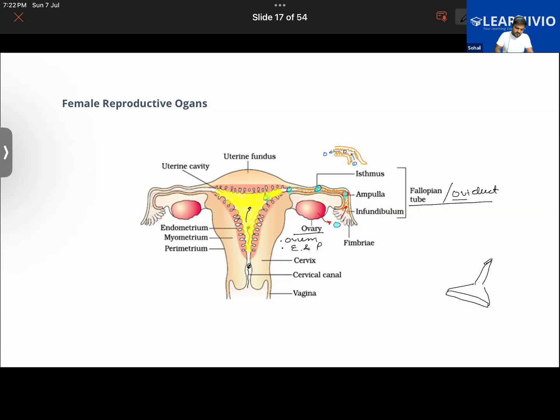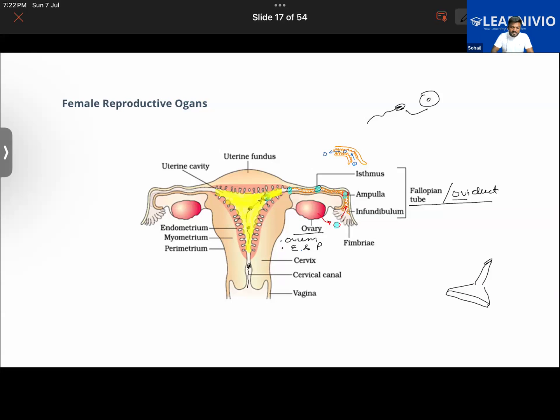Also, at the same time, when the ovum has reached the uterus, if fertilization of the ovum by the sperm takes place, then what will happen?